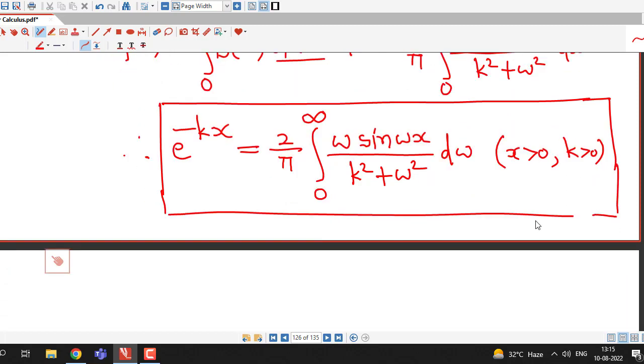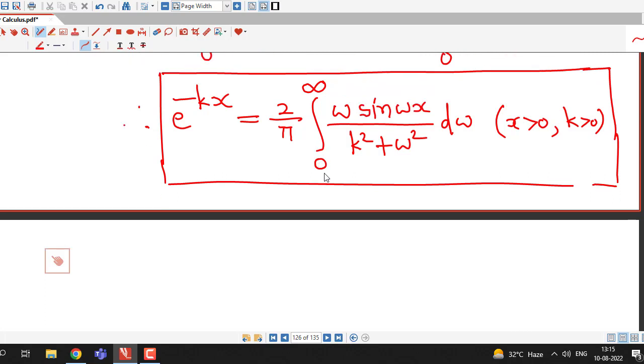So here we have expressed the given function e raised to minus kx as a Fourier cosine as well as a Fourier sine integral. Now sometimes the same question can be asked in this way also.